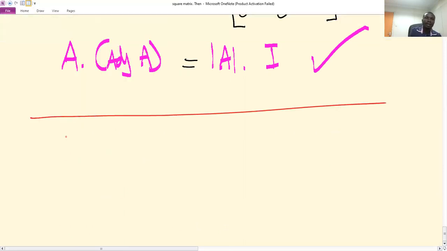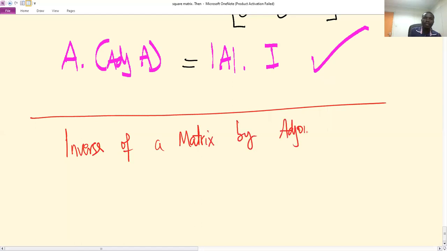And let's see how the inverse of a matrix can be obtained using the adjoint matrix.